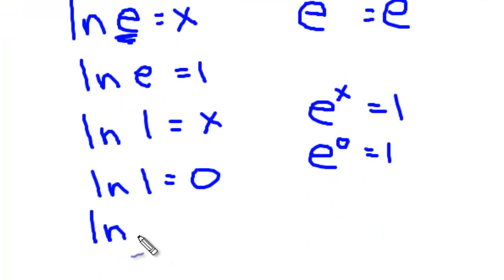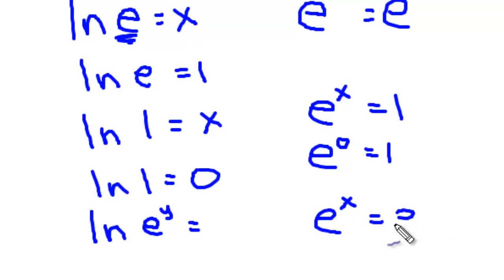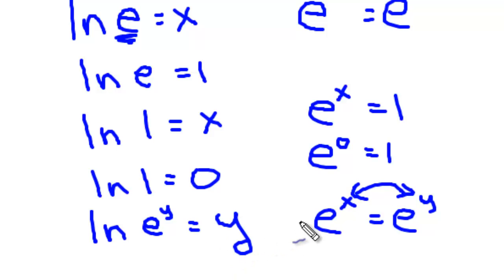The natural log of e to the y, we are asking e to the what is equal to e to the y. So the natural log of e to the y is equal to y.